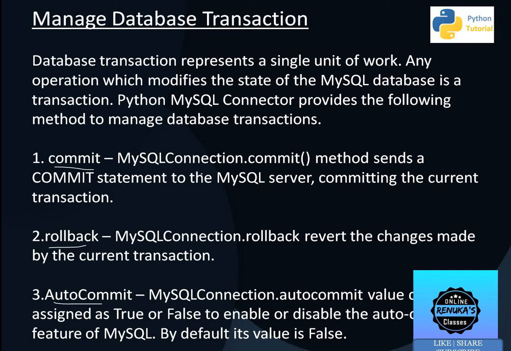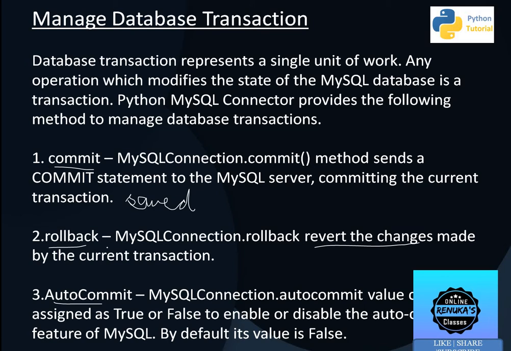Commit means it sends a commit statement to the MySQL server saying that the current transaction can be saved. So if commit is there, then all the changes will be saved. Rollback means revert the changes. Whatever changes are done can all be undone. We can say undo is the state for rollback.